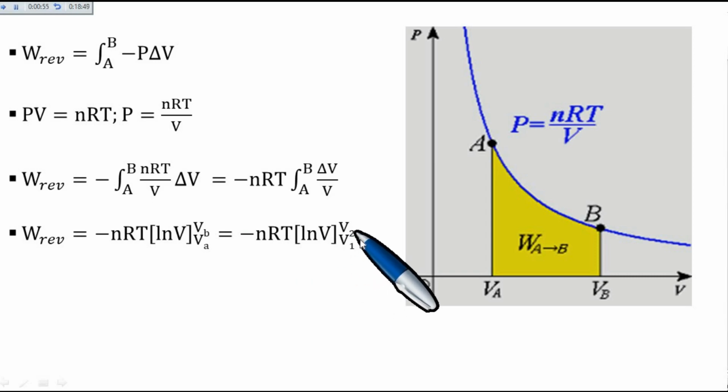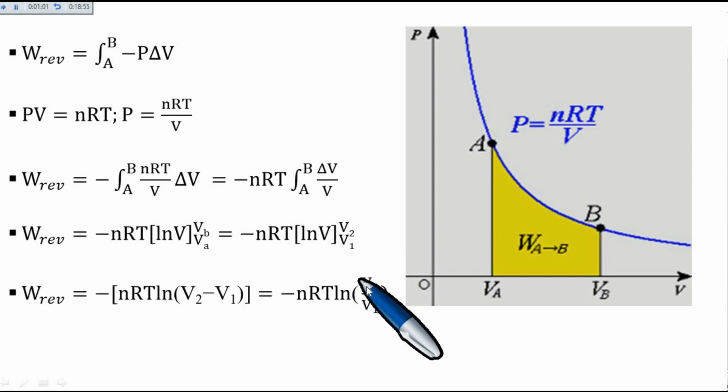This is the same as using V2 and V1, where V2 is the final volume and V1 is the initial volume. And here W is equal to minus nRT ln V2 minus ln V1, which is equal to negative nRT ln V2 over V1, because subtracting logs is the same as dividing V2 by V1.